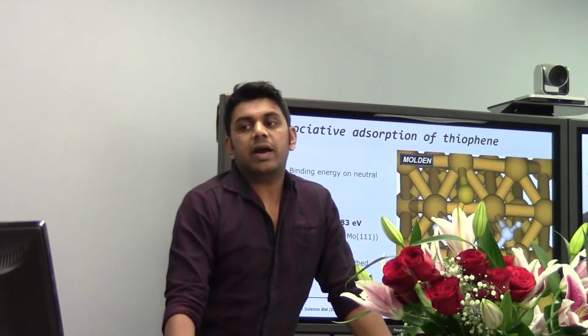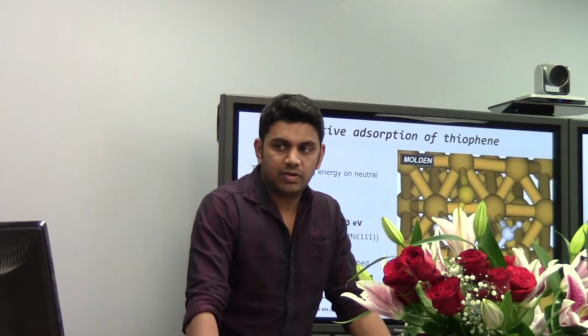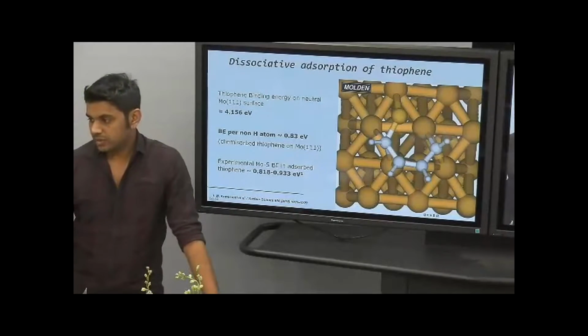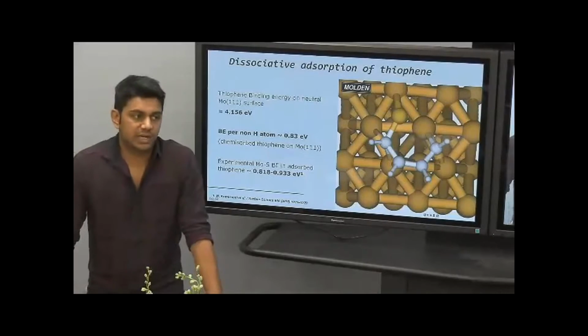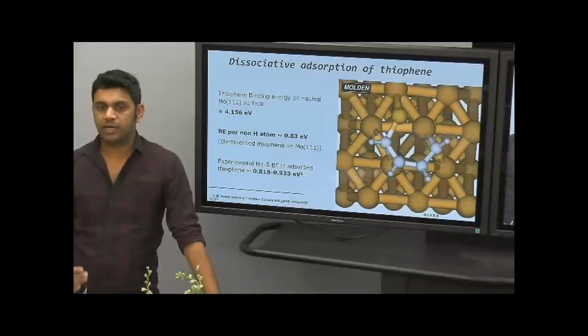The binding energy per non-hydrogen atom is about 0.83 electron volts, which suggests that the thiophene molecule is strongly chemisorbed on the molybdenum surface. Our calculated results are also in qualitative agreement with experimentally determined data.